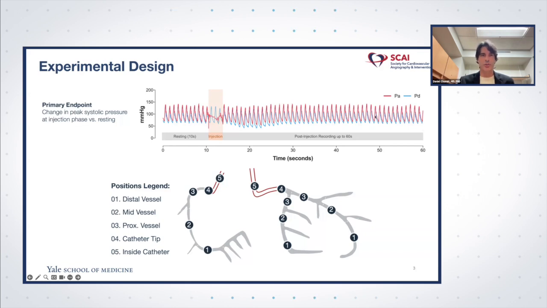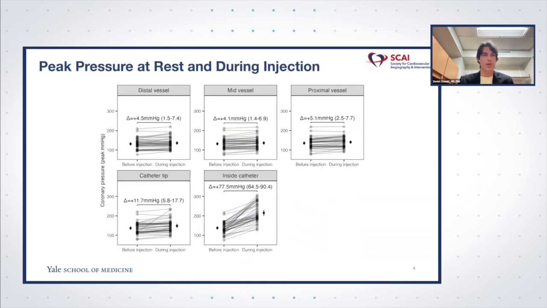That was the experimental protocol that we did in 5 positions, 4 inside the vessel: distal, mid, proximal, and then at the guiding catheter tip and inside the catheter. And we did that for all analyzed vessels. And those are the results.